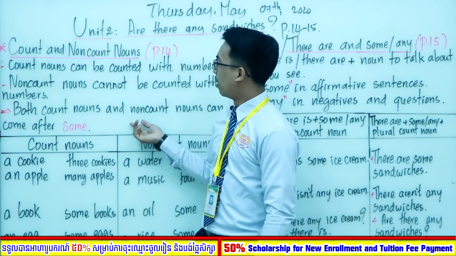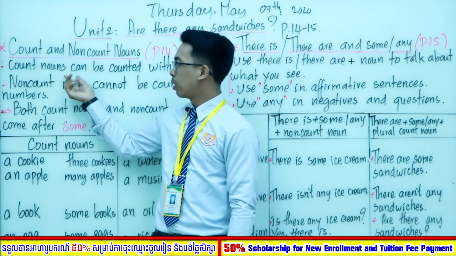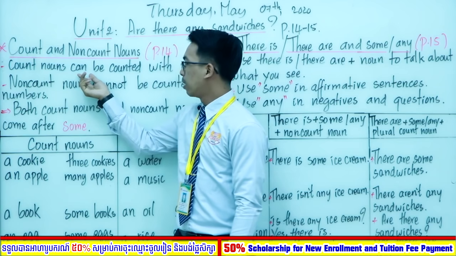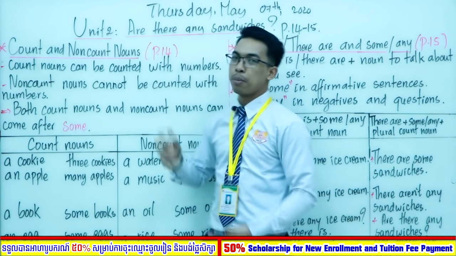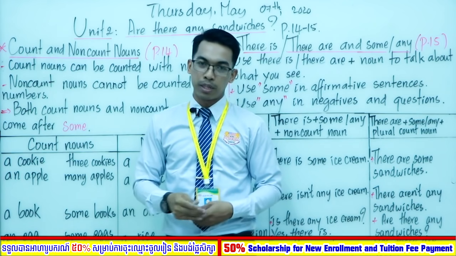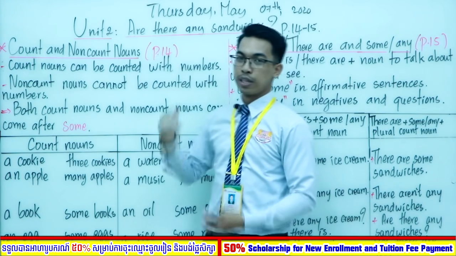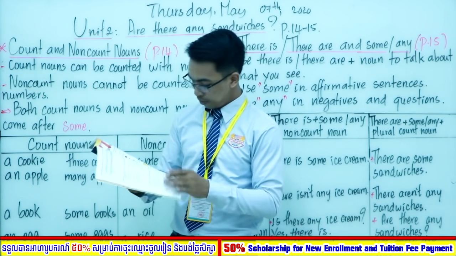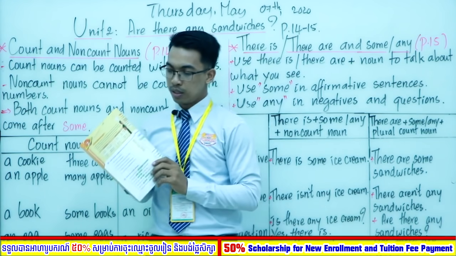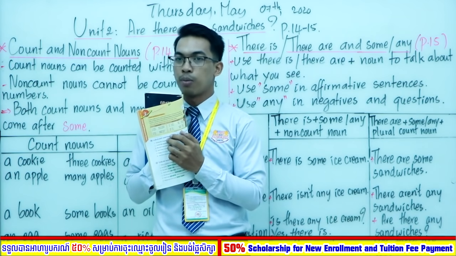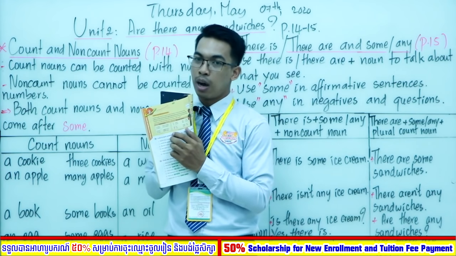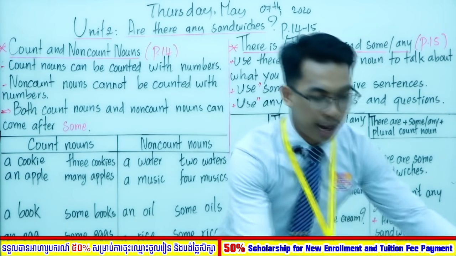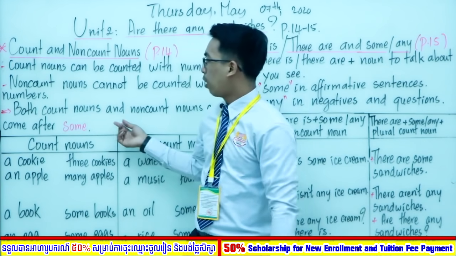Okay, good. So this one refers to count nouns. Count nouns mean nouns that can be counted with numbers. Everyone, please open the book on page 14. You will see the first objective on the textbook, which is about count and non-count nouns, and we also have the meaning of each.